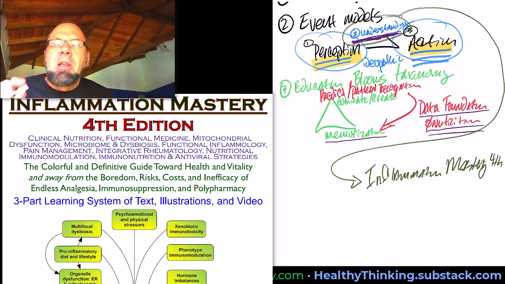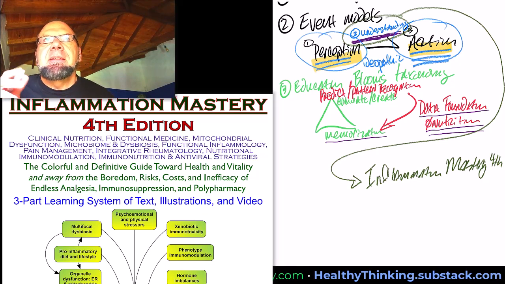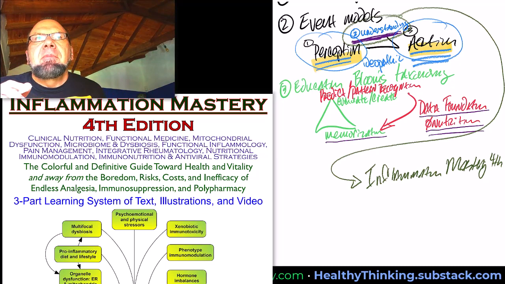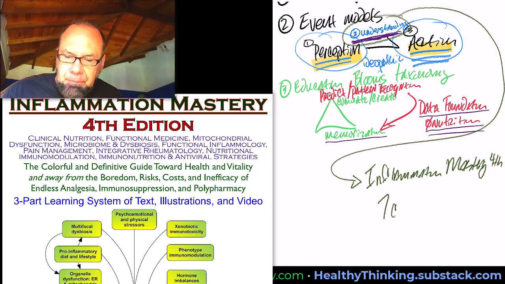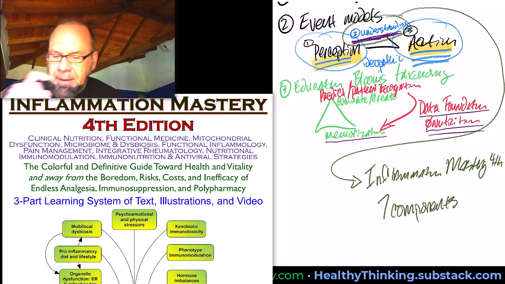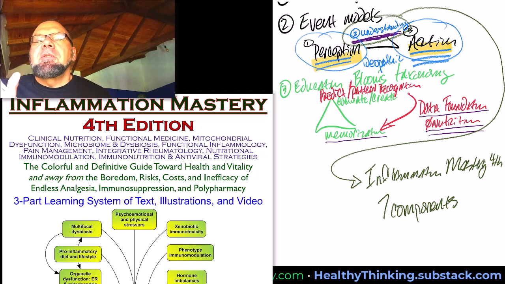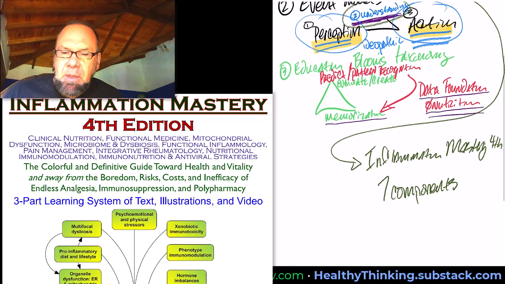And you'll notice that all of the things that I emphasize, and I talk about drugs a little bit in the book, so I can't say that it's completely separate from the routine practice of medicine. But the topics that I emphasize in the book, the 7 main topics, or the 7 components of the protocol, all of those are not discussed in medical training.